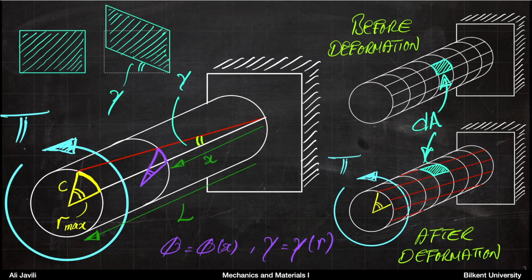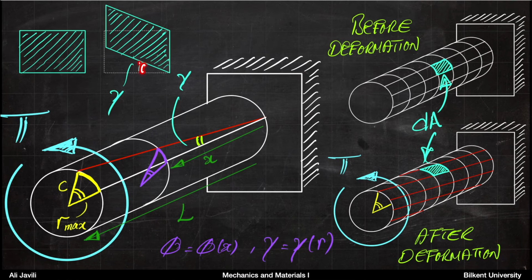Now if you look into these two cross sections, on the right picture and on the left picture, you can see that if this was before the deformation, if you start with that rectangle, after the deformation, or after you apply the torque, that rectangle would move to a parallelogram as it is shown here, and this is exactly what we had in the shear strain problem.